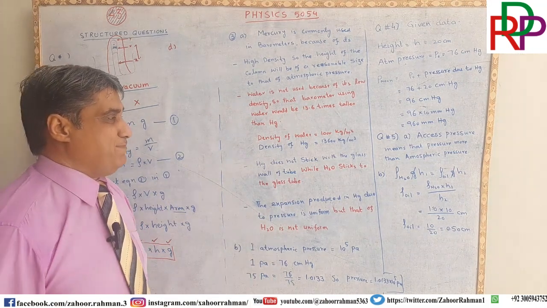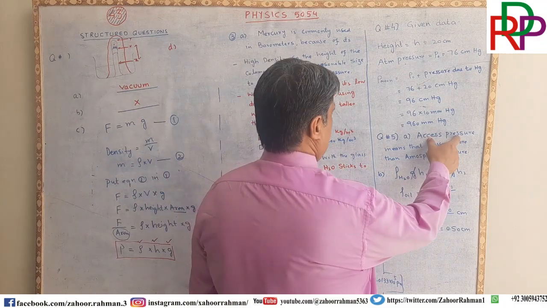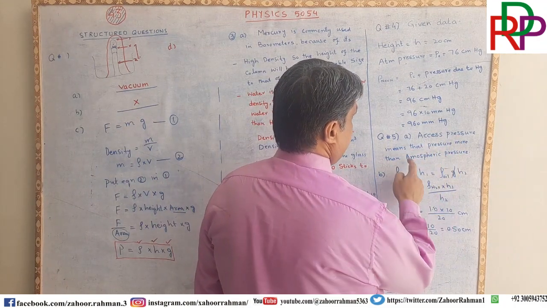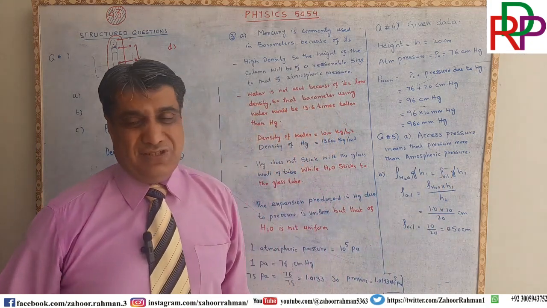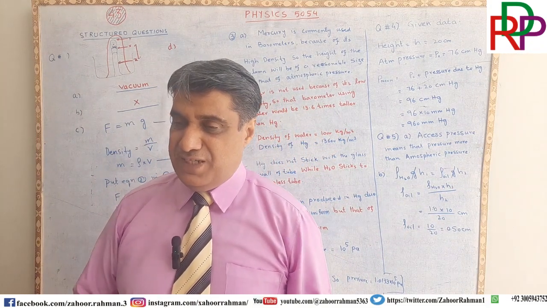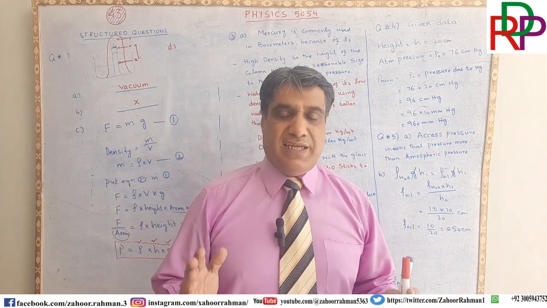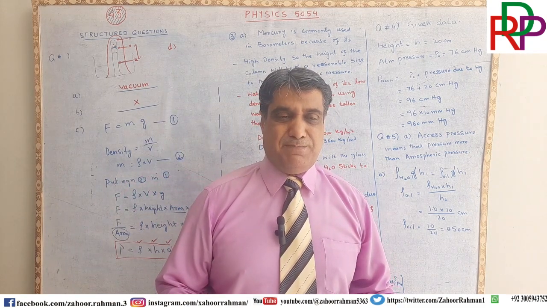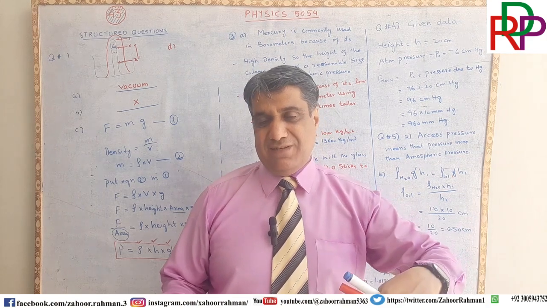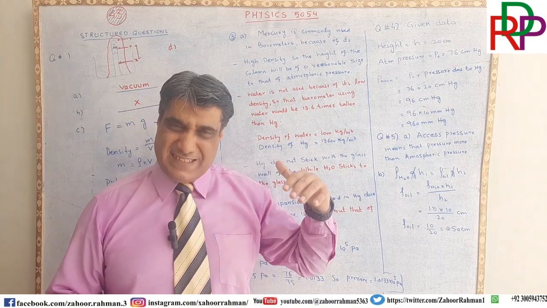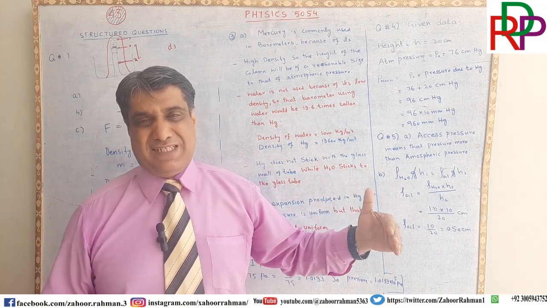What is the excess pressure? I wrote this excess pressure for you. Excess pressure means pressure more than atmospheric pressure. So whenever we are connecting a barometer to the gas supply, it is putting extra pressure on the surface of mercury column. That extra pressure is called excess pressure.